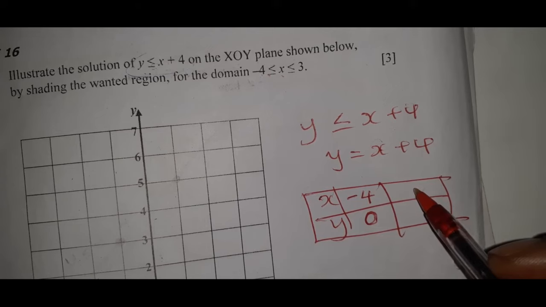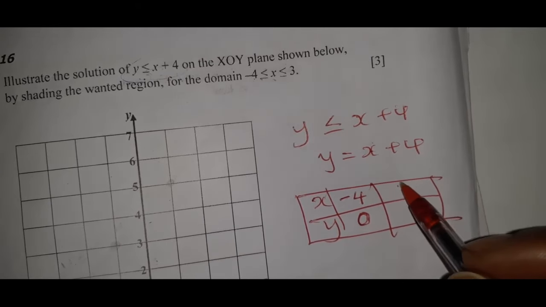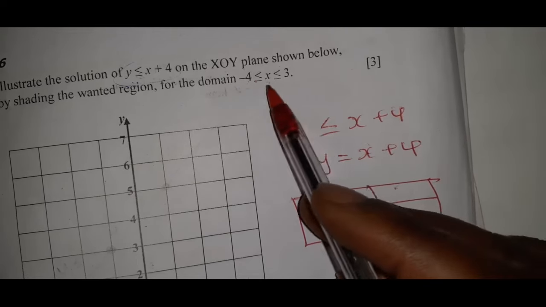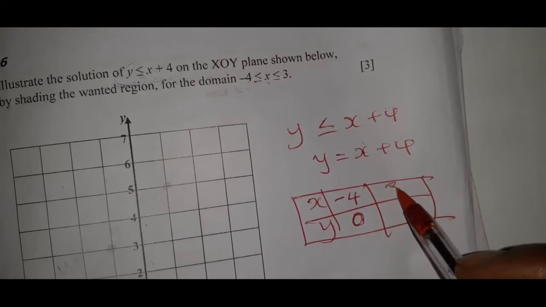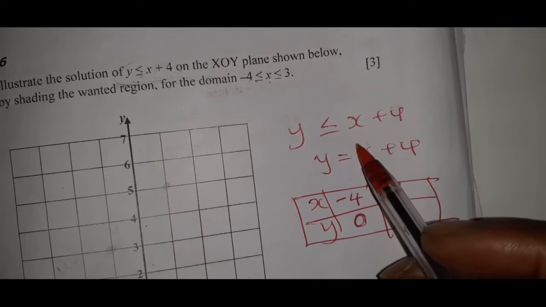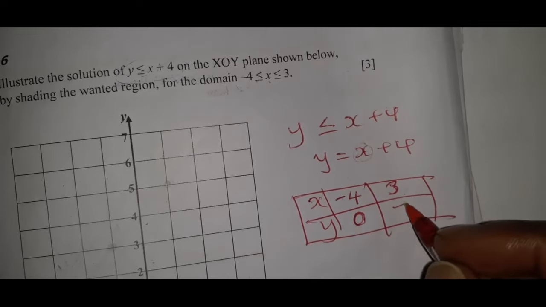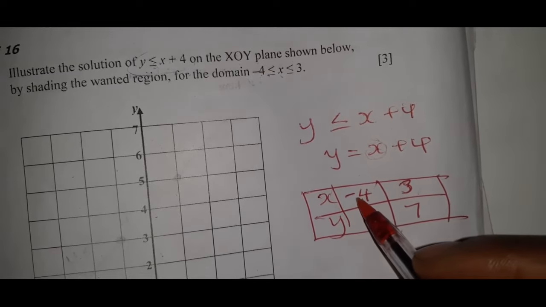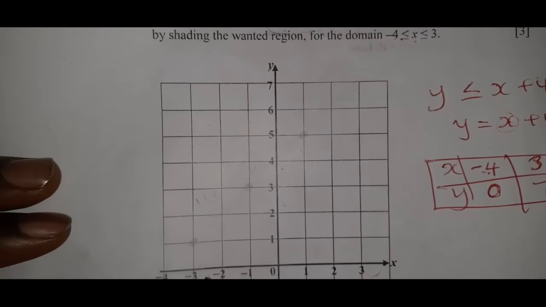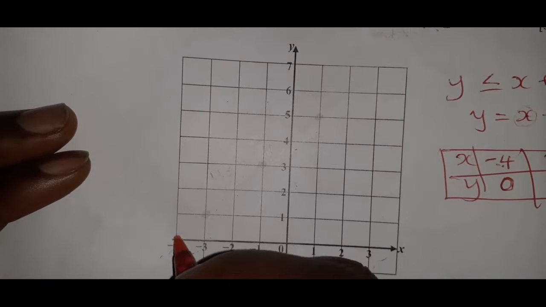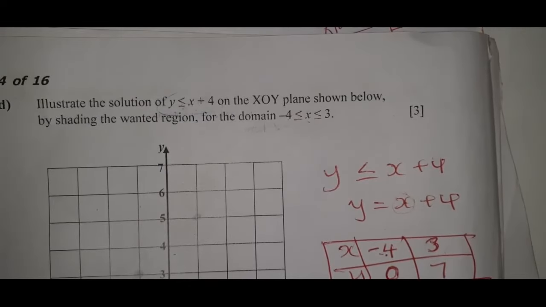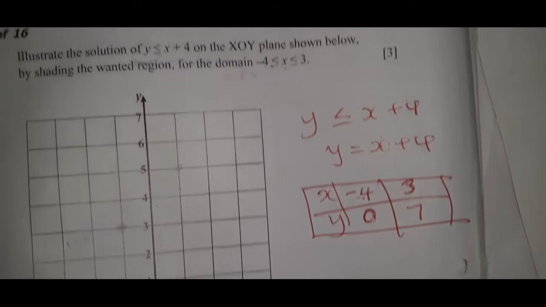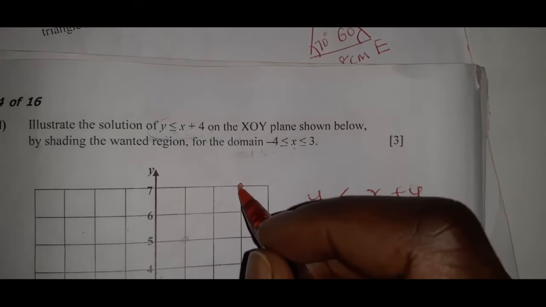Then when you look at the other part, you get the last one, which is 3. If you put 3 here, what do you get? You get 7. So you use the two coordinates: -4,0 is this point, and 3,7 is this point here.